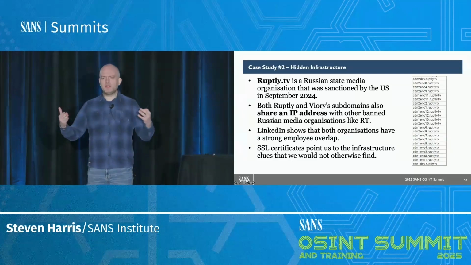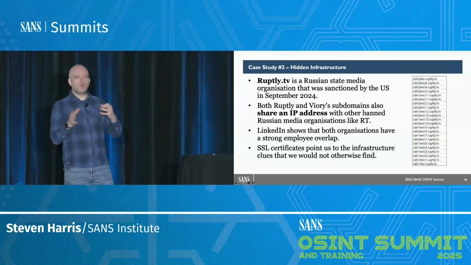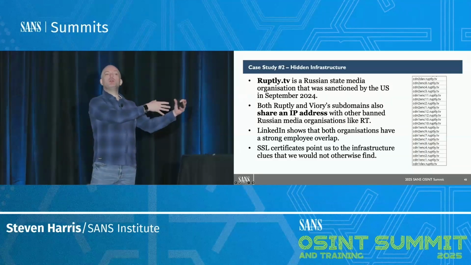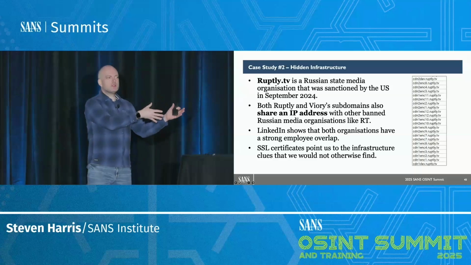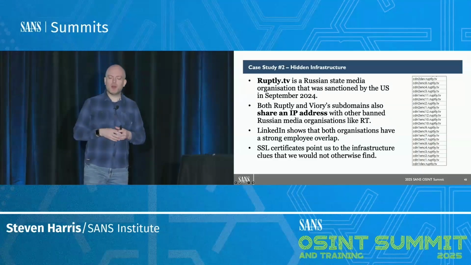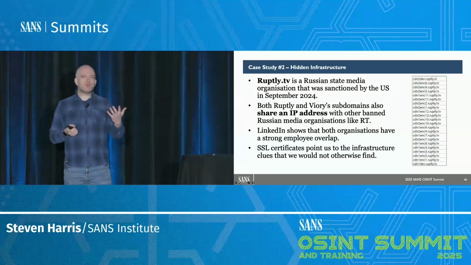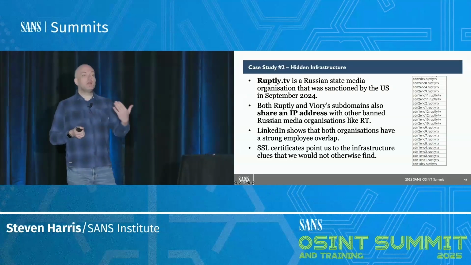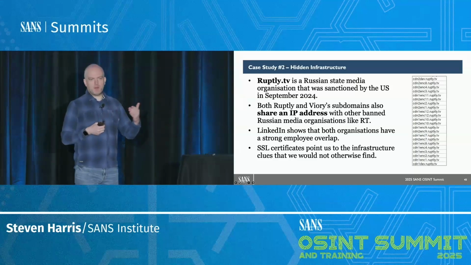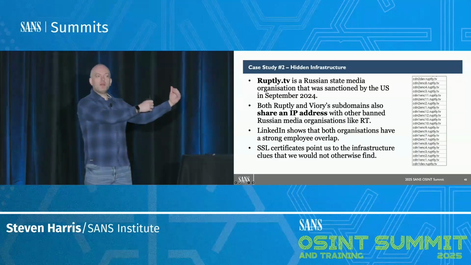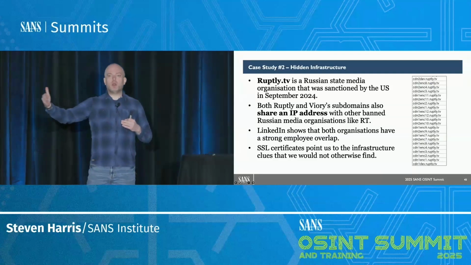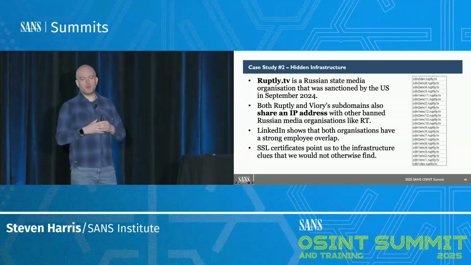And then we dig into the people and we find this very convenient behavior where we go on LinkedIn, and a lot of people who used to work for Ruptly suddenly find themselves now employees of Viori Video, based in Dubai. So on the balance of probabilities, yes, it's highly likely that Viori is one of these disguised subversive Russian state media brands that allows them, even when they've been shut down on one platform, to rebrand themselves and move to others to continue their propaganda operations.